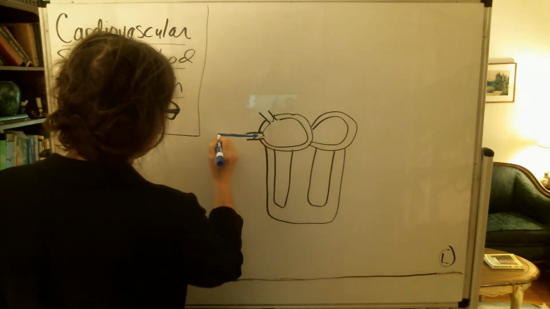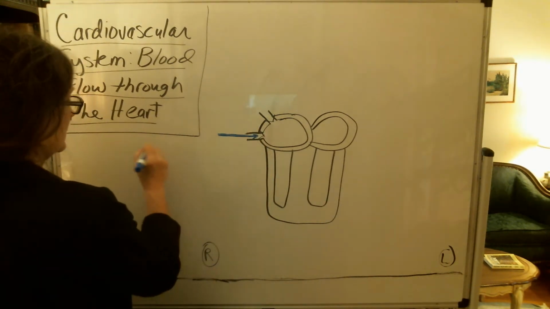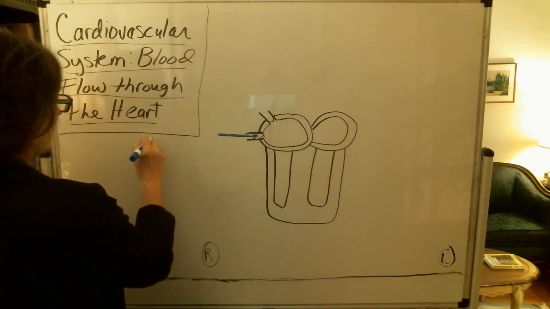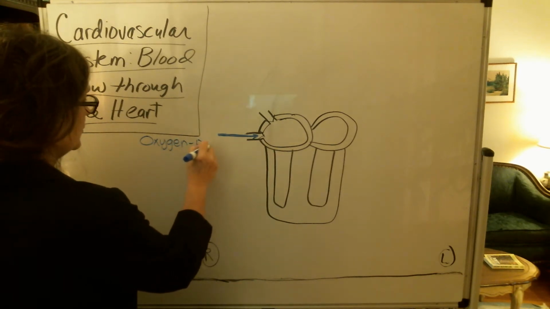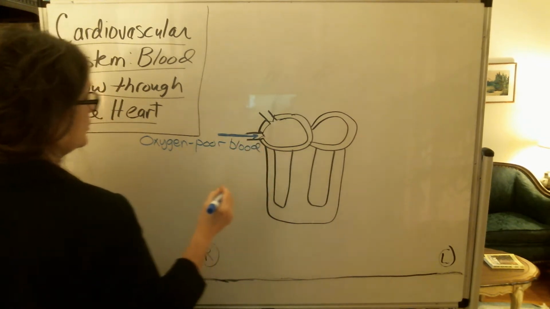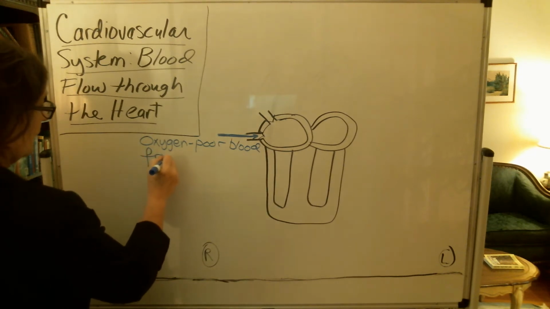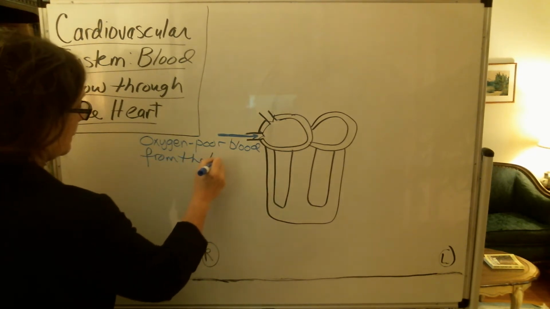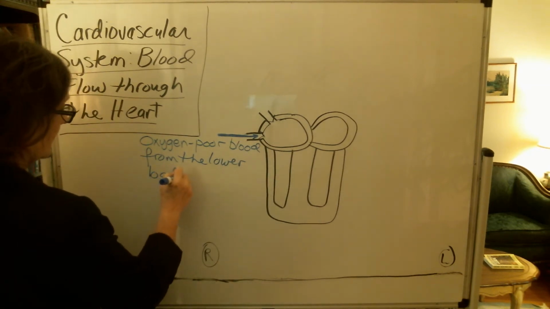This is oxygen poor blood, so I'm symbolizing it with blue. And so here we have oxygen poor blood, deoxygenated blood, from the lower body.